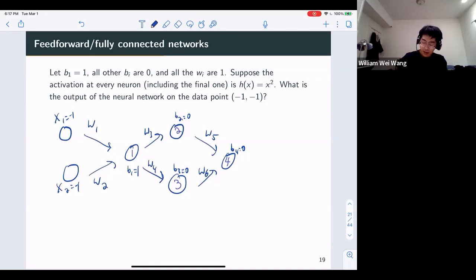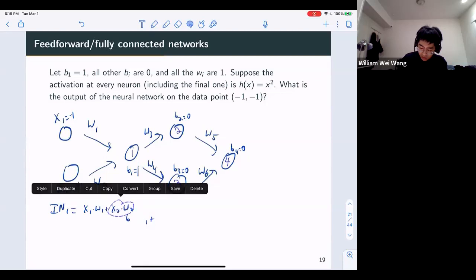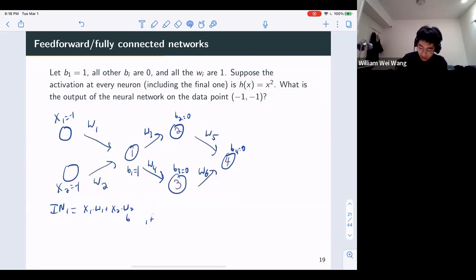Basically, we do the same procedure where we need to describe the input and output of each neuron. So let's say what input 1 is. This is going to be x1 times w1 plus b1 plus x2 times w2. I'll just move this b1 over there to make it closer to what I said before.